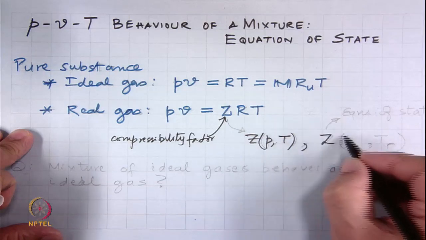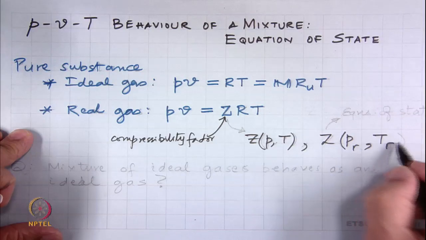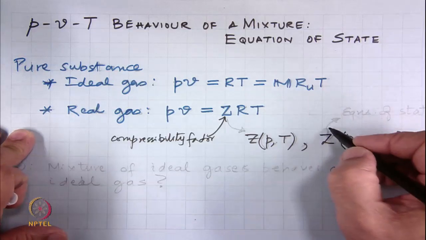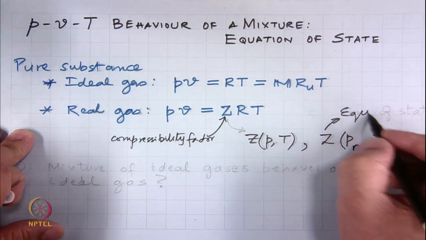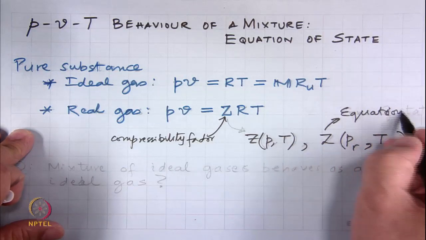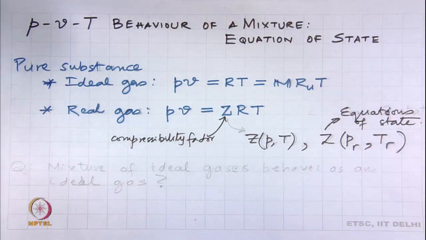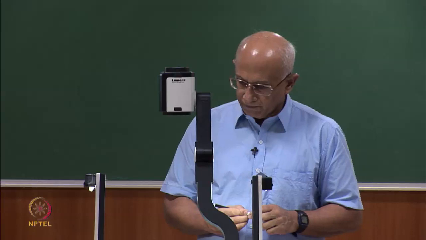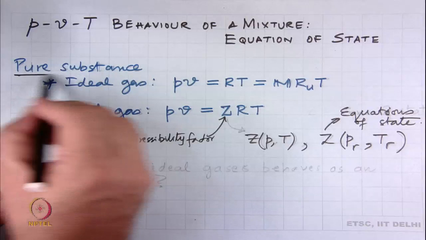In particular, we got the tables in terms of reduced pressure and reduced temperature by dividing these by their respective critical values, and from there we developed different types of equations of state, like van der Waals equation of state, Beattie-Bridgman equation of state, and so many others. So, that was good enough for this part where we are looking at a pure substance.